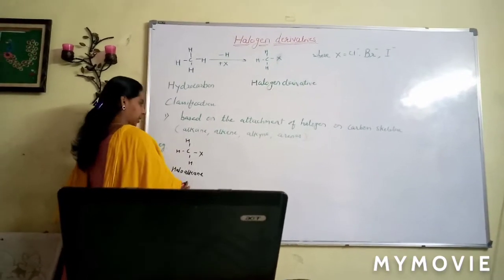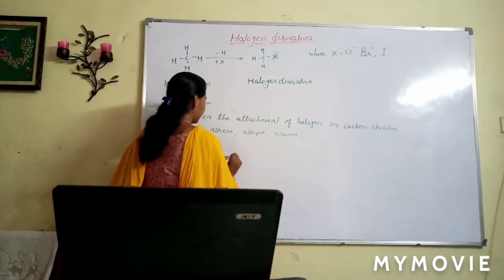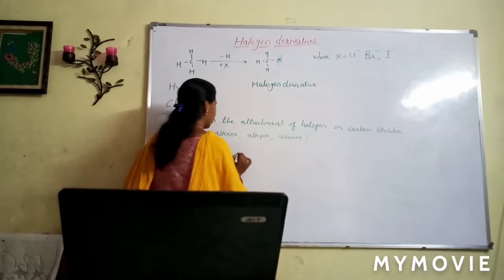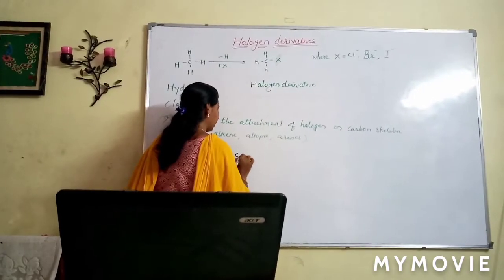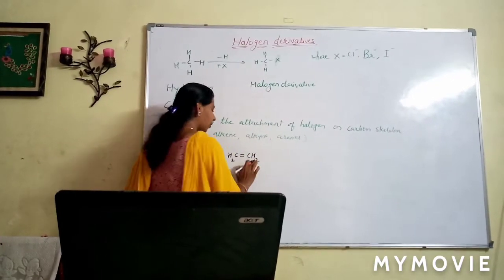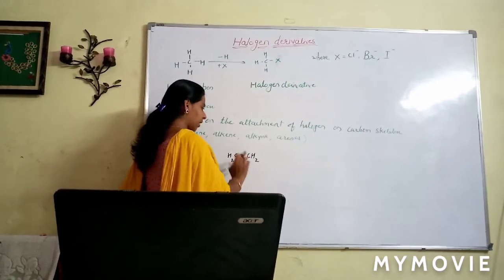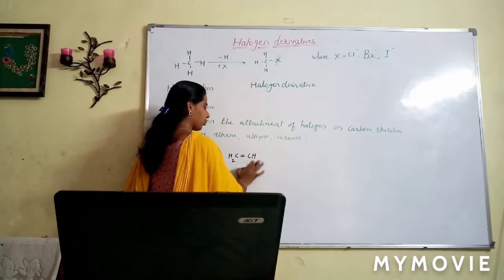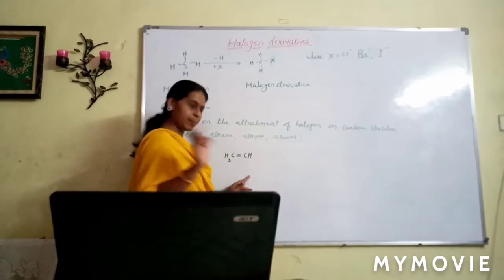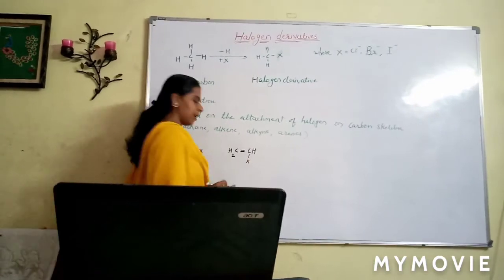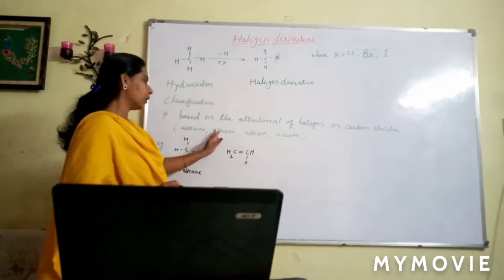Now we'll see the structure of haloalkene. What is the structure of alkene? CH2 double bond CH2. So this is alkene. Now out of these hydrogens, one hydrogen is replaced by one halogen atom. Means only a single hydrogen atom is present in that structure and another bond is attached to halogen. So this is the haloalkene.